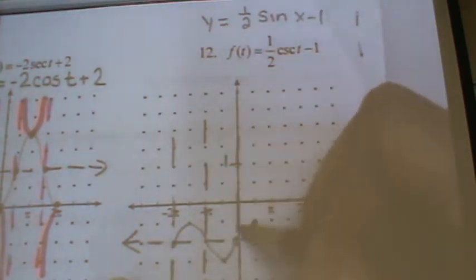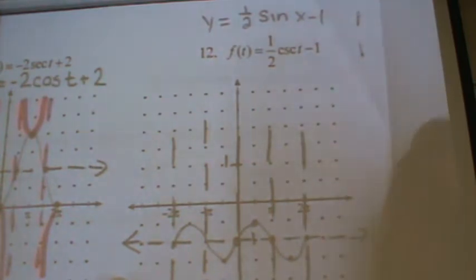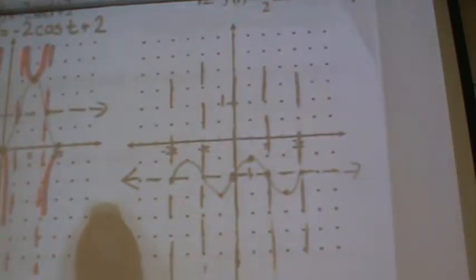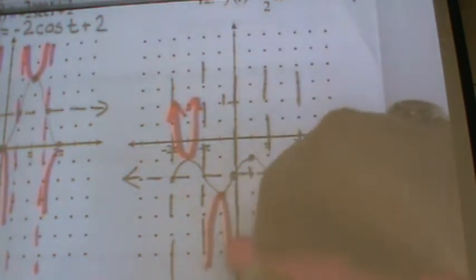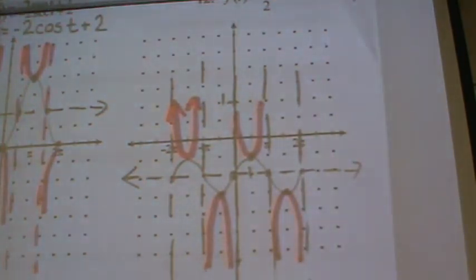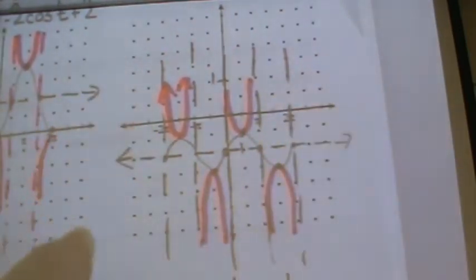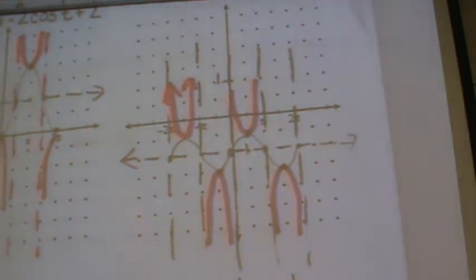So you have your new x-axis. And I went from negative 2 pi to 2 pi. That's it.